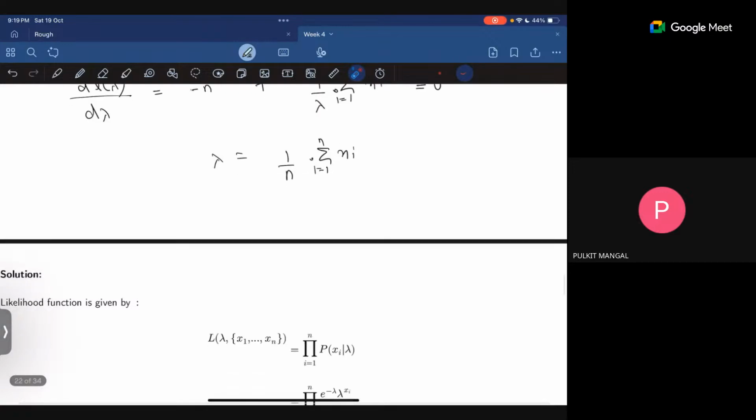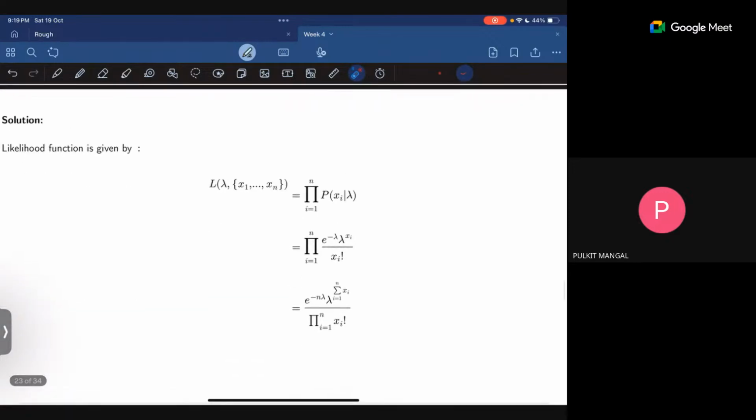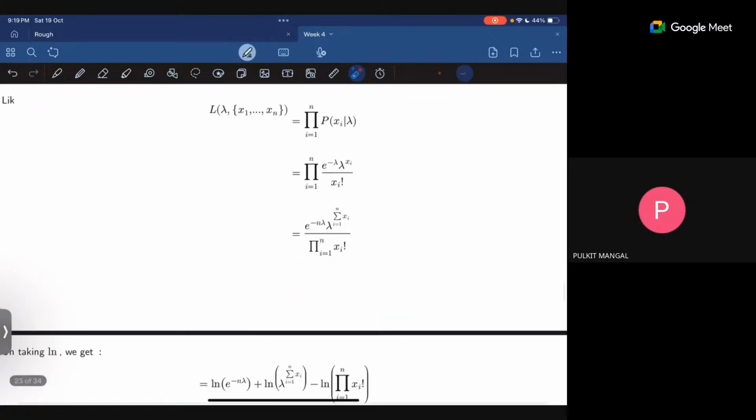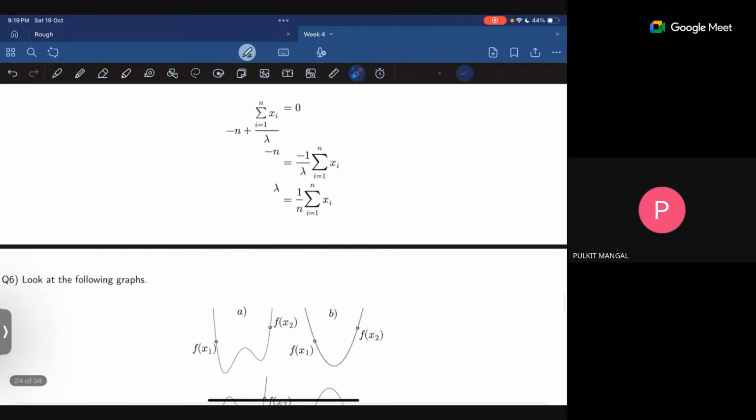Does anybody have any doubt? Maybe we can look at the solution also. So this was the likelihood and this is the final form that we get. Lambda should be here.